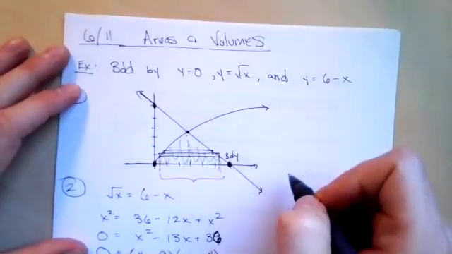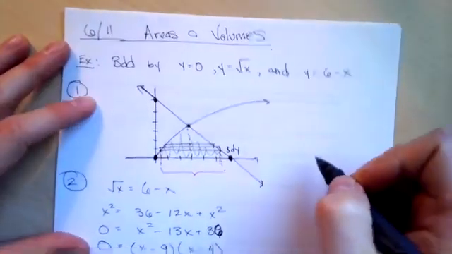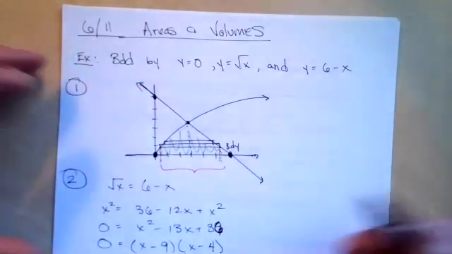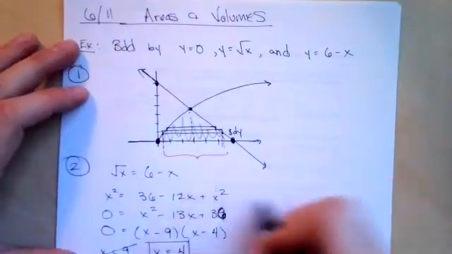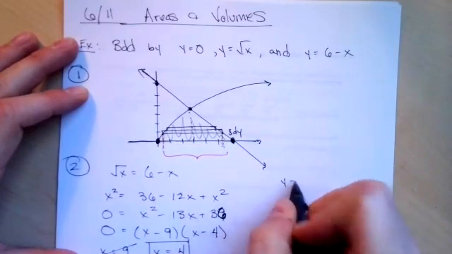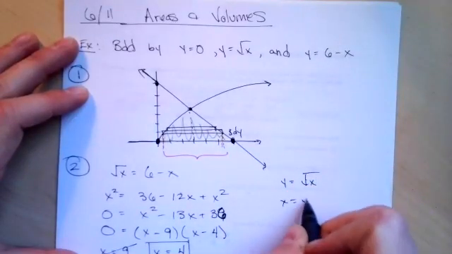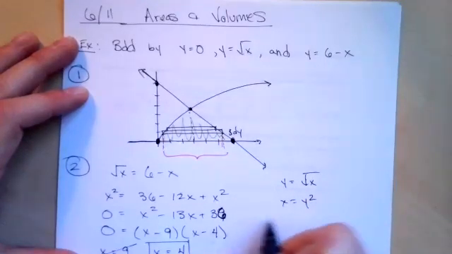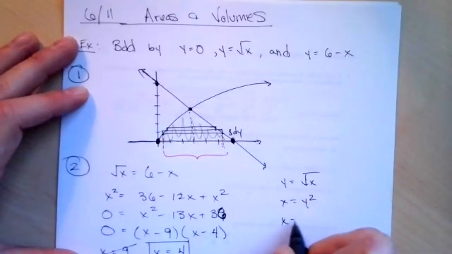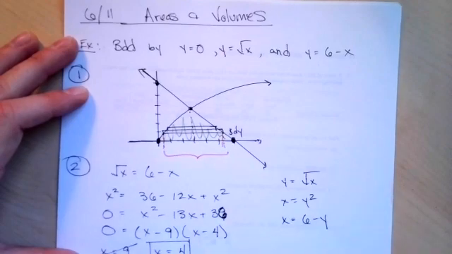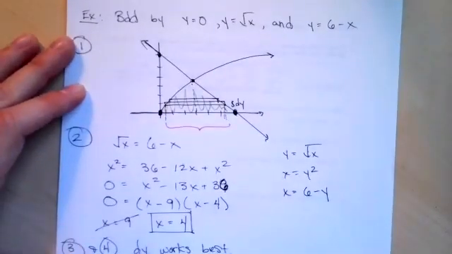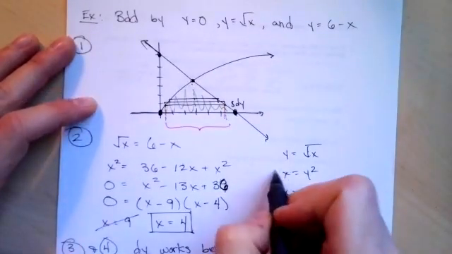Pretty basic. All we got to do is go back and solve everything for x as a function of y. So when we have y is equal to the square root of x, we get x equals y squared, and we will get x equals 6 minus y for our other equation.